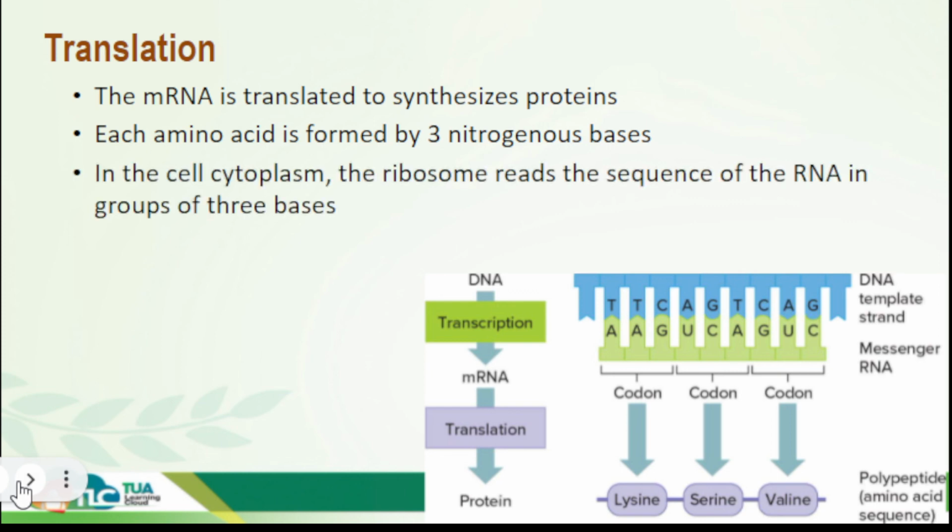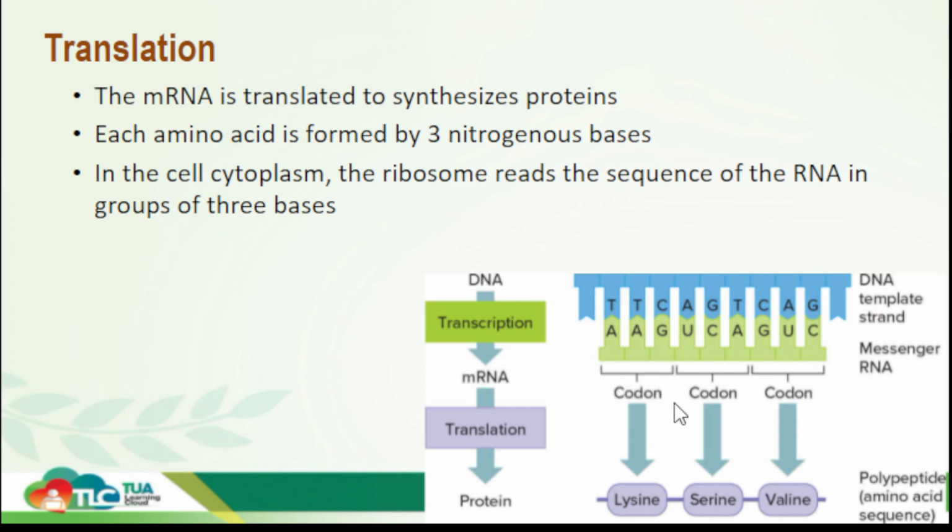And this translation process occurs in the cytoplasm, where the ribosome or the rRNA reads the messenger RNA in groups of 3 bases called codon. So again, yung DNA template strand mo, no, yun yung nag-produce ng messenger RNA. Si messenger RNA babasahin ni ribosomal RNA, babasahin niya in groups of 3 or in codons.